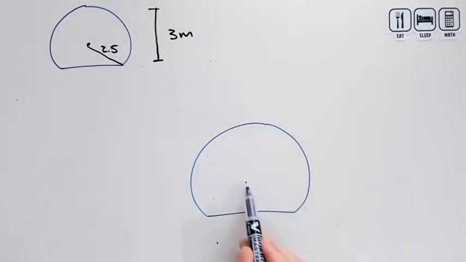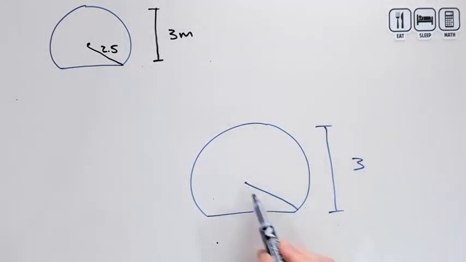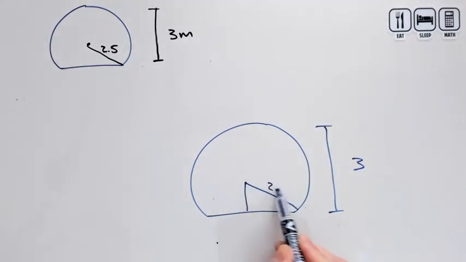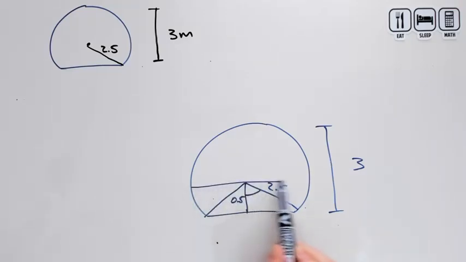So first of all, we have that length. Because the height is 3 and the radius is 2.5, this will be 0.5. So I have that length. No matter what we're going to do, we're going to have to work out that angle. That angle is very important for us. And then we have a couple of options.